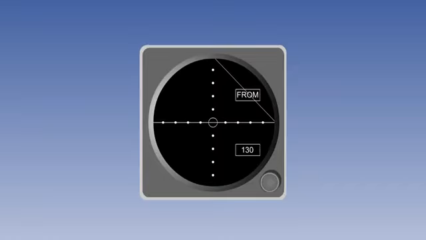Here, we see that the CDI is set to the 130 degree radial. As the needle is off the scale, it means that our aircraft is not within 10 degrees of the radial, as each dot and the centre circle represent 2 degrees.